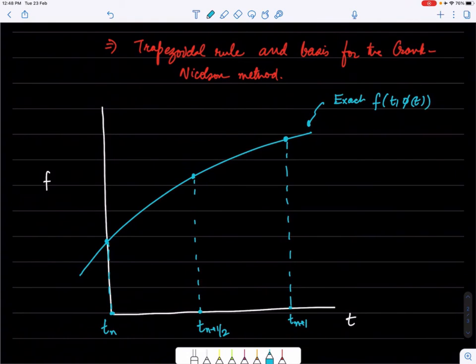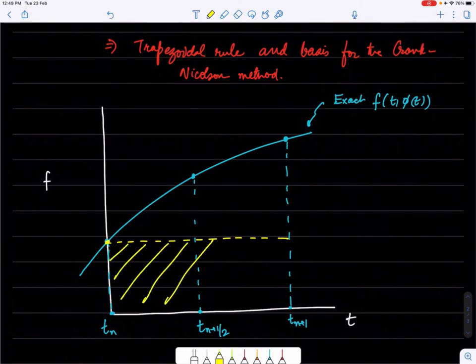Now geometrically, what are we doing in these four techniques? So let me choose, first of all, what does the forward Euler do? The forward Euler is essentially saying that when we integrate, remember we are integrating the area under this curve. So what forward Euler is saying is that when we integrate, we use this value at t_n and take that value, or the area under, if I put that line all across, then it's actually approximating the area under this rectangle as the integrand.